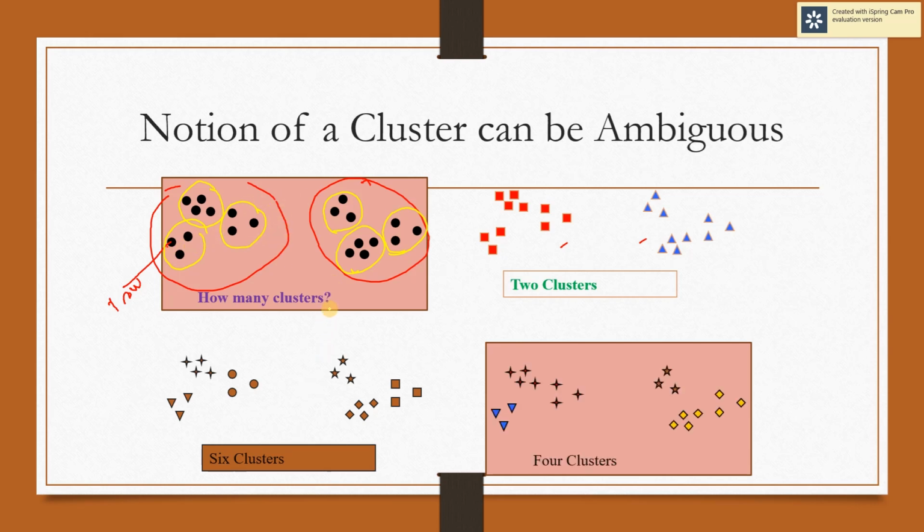Or we can also say that we have four clusters. It can be, right? Because the notion of a cluster is very ambiguous. If you have four clusters here, this one falls under one cluster, this is another cluster, this is another, and this is the fourth cluster. So this is what we call ambiguous.